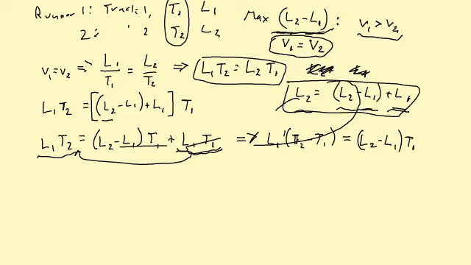Well, well, well. Now this looks interesting. So we want to find this quantity here, this L2 minus L1. So it looks actually fairly easy at this point. L2 minus L1 equals L1 times T2 minus T1 over T1.